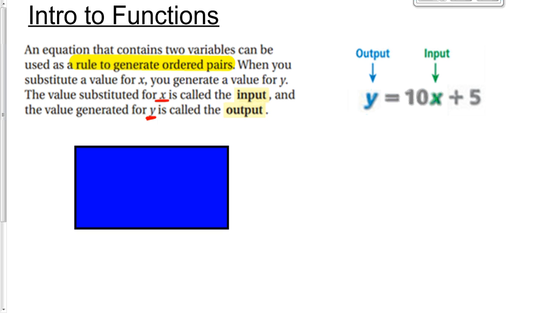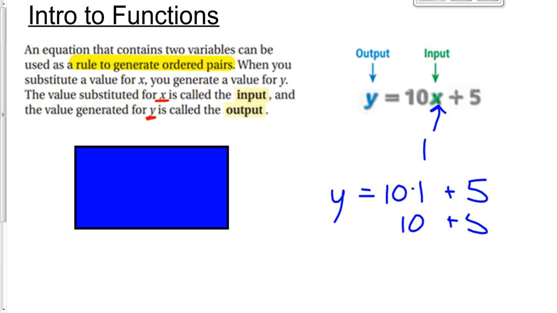The input is x, meaning if I input something in for x, like the number 1, that would be 10 times 1 plus 5, or 10 plus 5, which is 15. So when my input is 1, I get 15, okay?